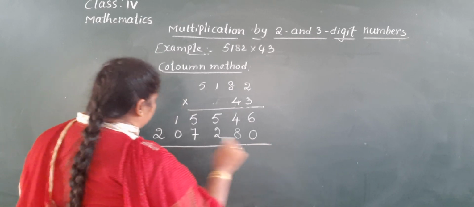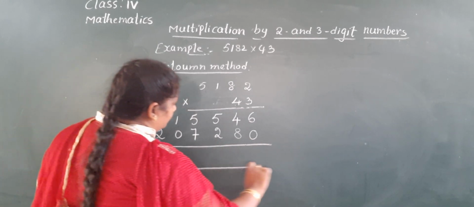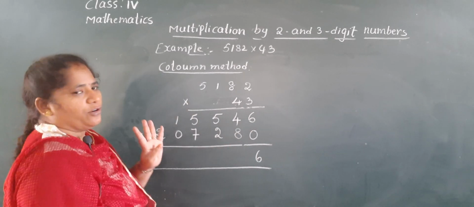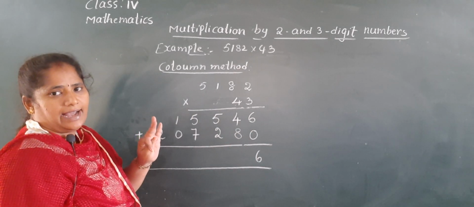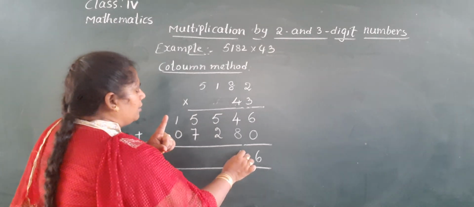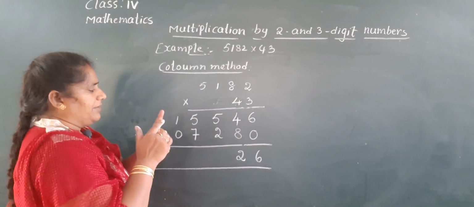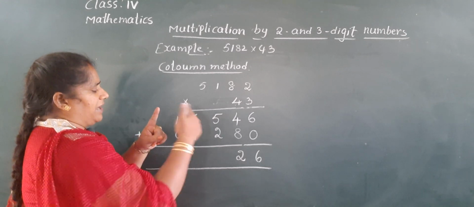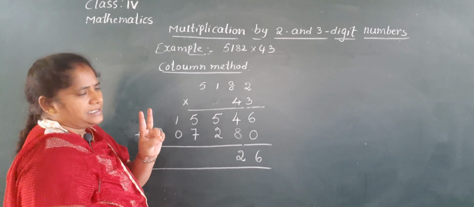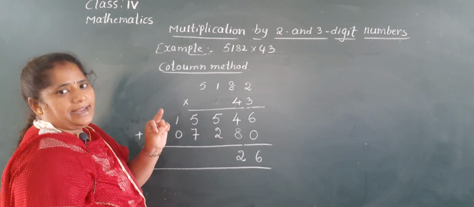Now we add these products. 6, 4 plus 8. Take 4 fingers. 8 after 9, 10, 11, 12. So 1 in hand, 2 is down. 1 finger, 5 is there, Nana. 5 after 6. 6 in the mind, take 2 fingers. 6 after 7, 8.